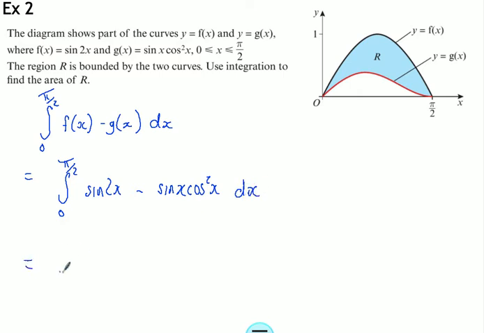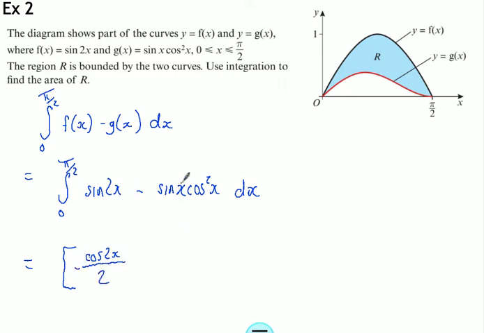Okay, so let's look at integrating each of these terms. So sine 2x is going to be something to do with cos 2x. If I pretended it was cos 2x, if I differentiated that, it would become negative 2 sine 2x. So I need to take a negative 1/2 of that.